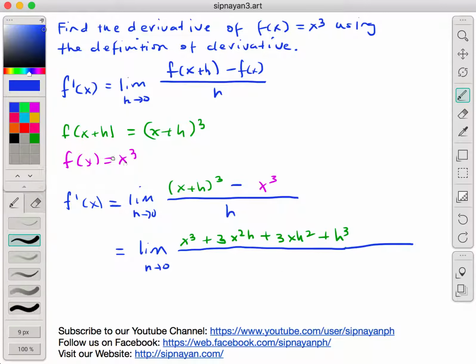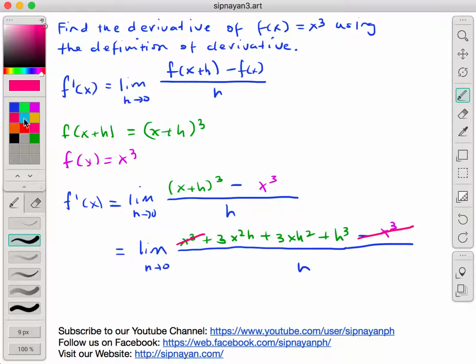And then we have minus x cubed all over h. Okay. So, notice that meron tayong x cubed dito, tapos meron tayong minus x cubed dito. So, pwede na natin yan tanggalin, magiging 0 na yan. No? So, ito na lang natira. Tatlong terms na yan.